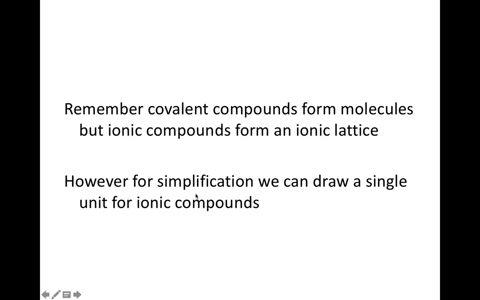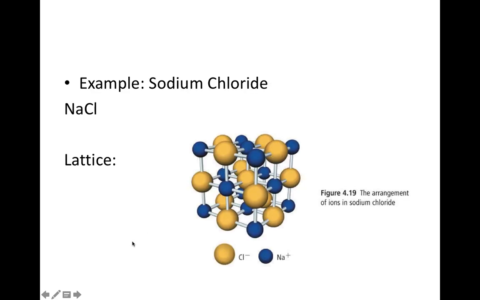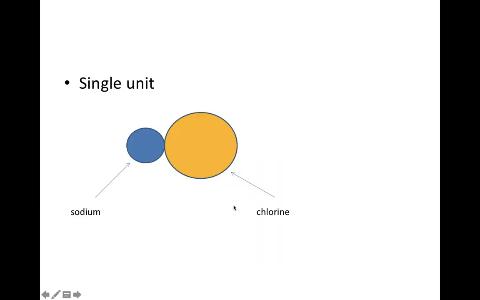Remember, covalent compounds form molecules, but ionic compounds form an ionic lattice. However, for simplification, we can draw a single unit for ionic compounds. So for example, sodium chloride, NaCl, is an ionic lattice containing many sodium atoms combined with many chlorine atoms. But we can draw a single unit for simplification.